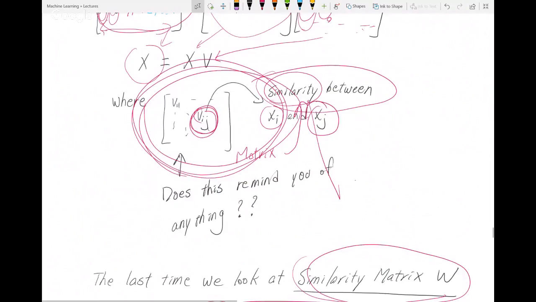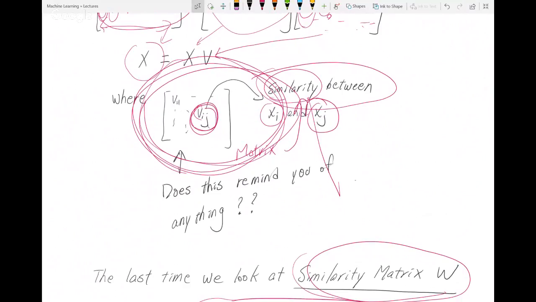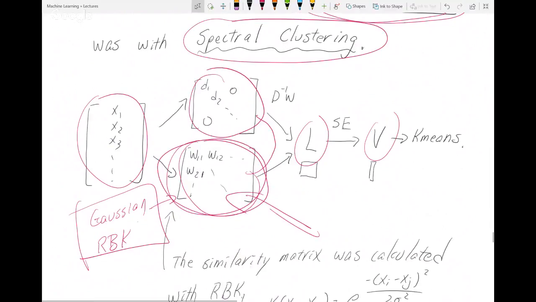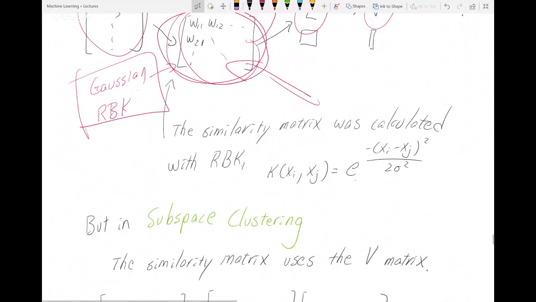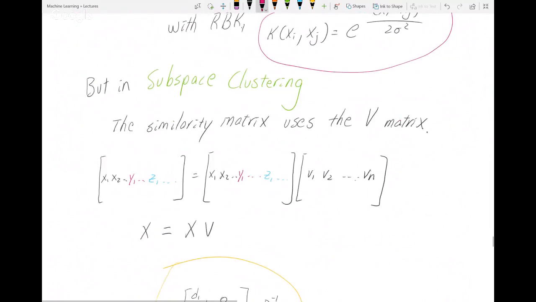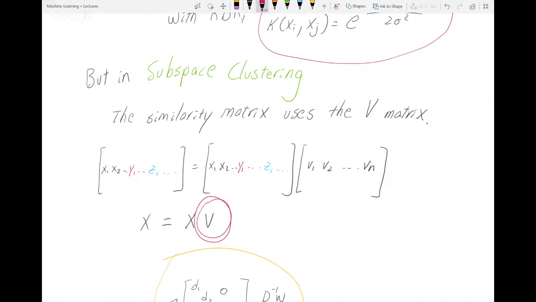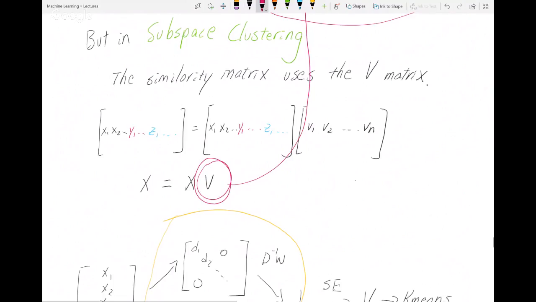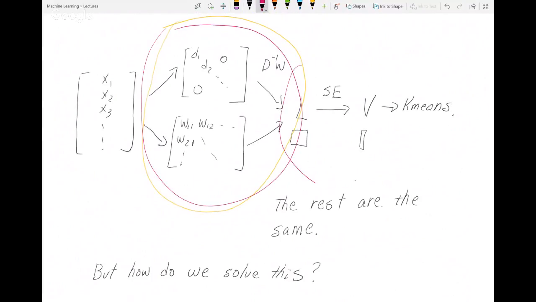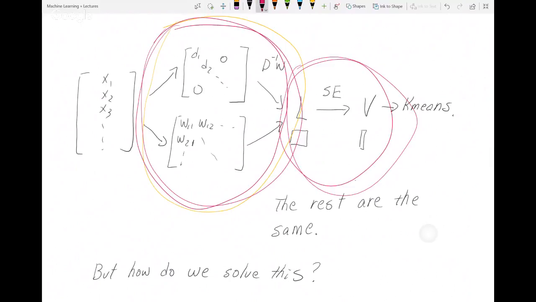This is another way of measuring similarity, and it's based on whether they exist in different subspaces. Like I said, it was previously calculated with this kernel. But in subspace clustering, we find this V, and that will replace this kernel. Last time it was this part that was changed, and this time it's this part that's going to be changed.